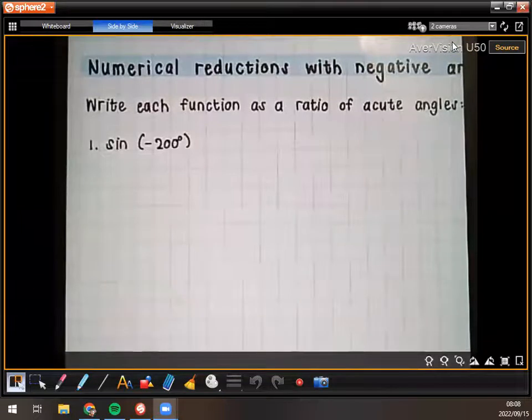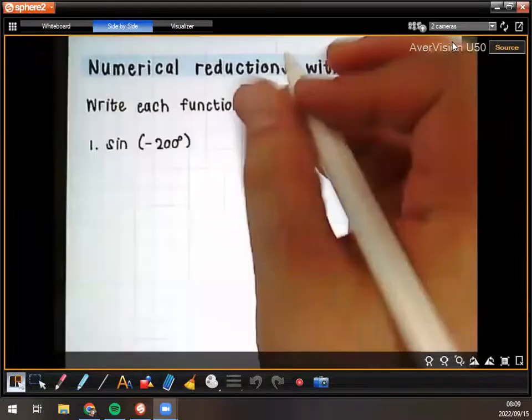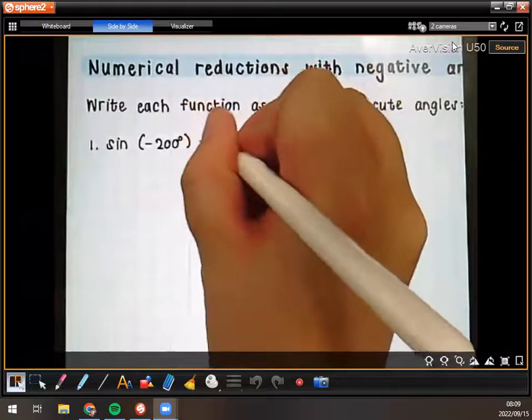All right, now guys, for this one, because it is negative 200, we're going to do the same kind of thing as what we did yesterday. Negative 200, how can I write that using, now not 180, but negative 180? If I do negative 180, then what must I still do to get to negative 200?